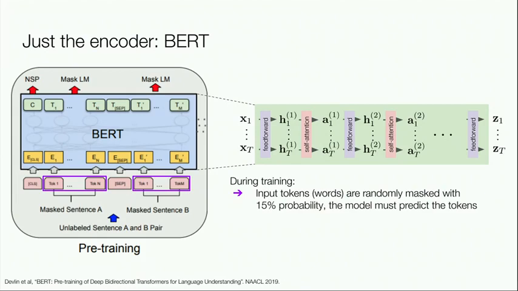If you feed in the same input tokens but mask a different 15%, good question.